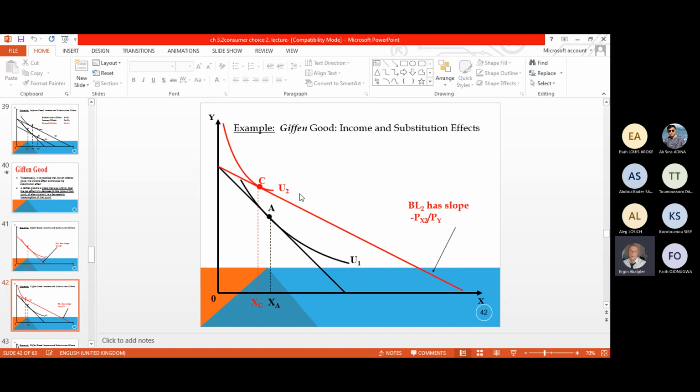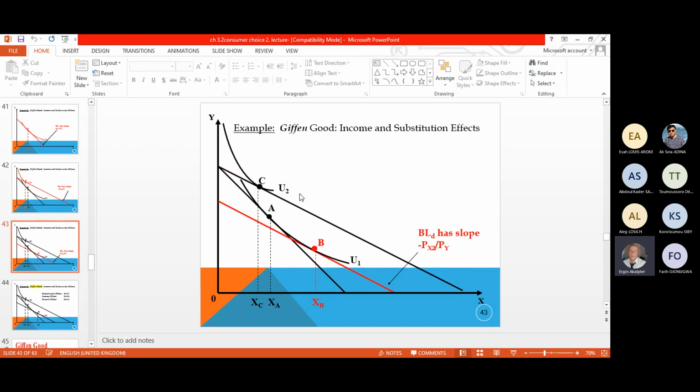Now, as you see, it is going backward to the backside of A. The income effect is not very effective because this is a Giffen good, and even if its price changes, it negatively affects this substitution and goes back to a lower level from A. As a result of this income and substitution effect, we are moving again to a similar utility curve, which causes a reasonable positive impact on the utility function, because Y is reduced and X is enlarged in this direction because of the Giffen good.